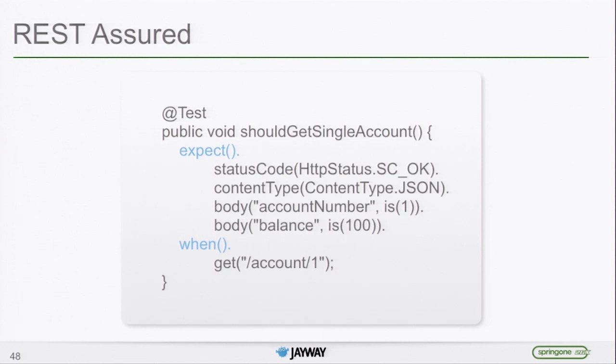Rest Assured is based on Groovy. So under the hood, it uses the XML slurper and the JSON slurper for XML validation and JSON validation respectively. You don't really need to know that you're using Groovy, because what you will see in a while is that it's a basic text string that you can provide.